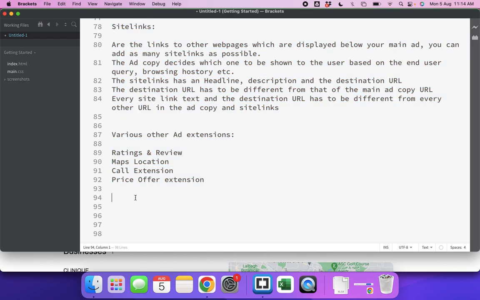Then what is needed apart from this? Understanding on the targeting, location target. Then campaign type, campaign objective. The objective is first.